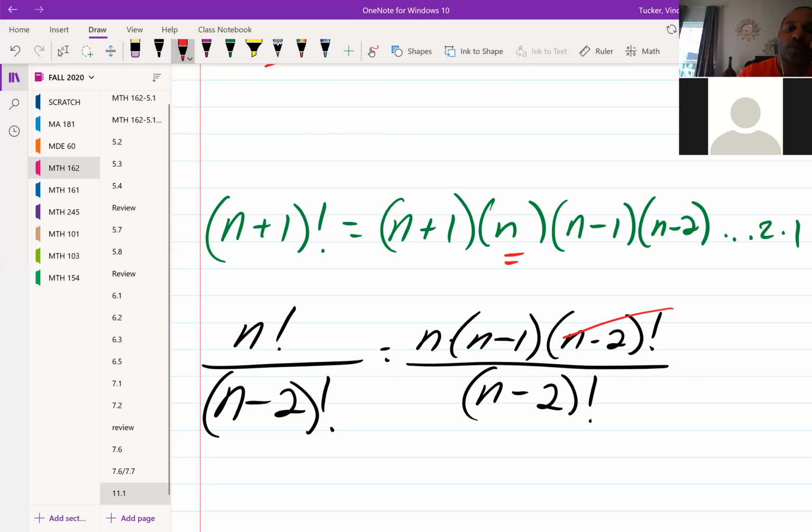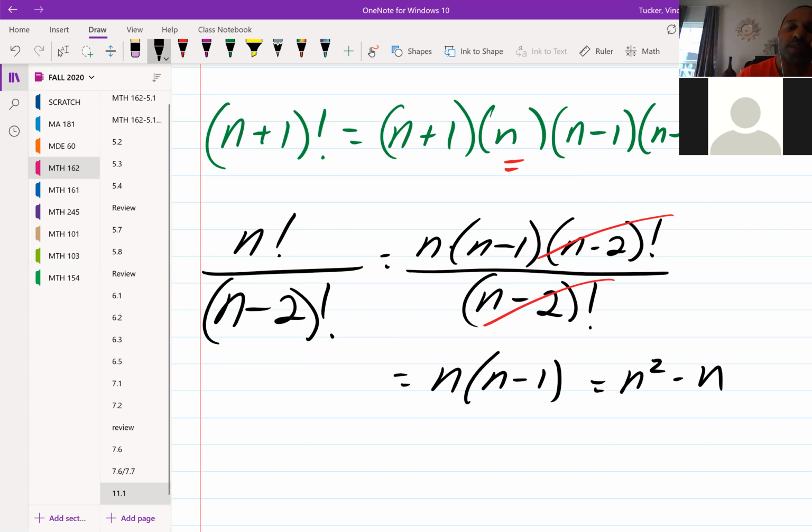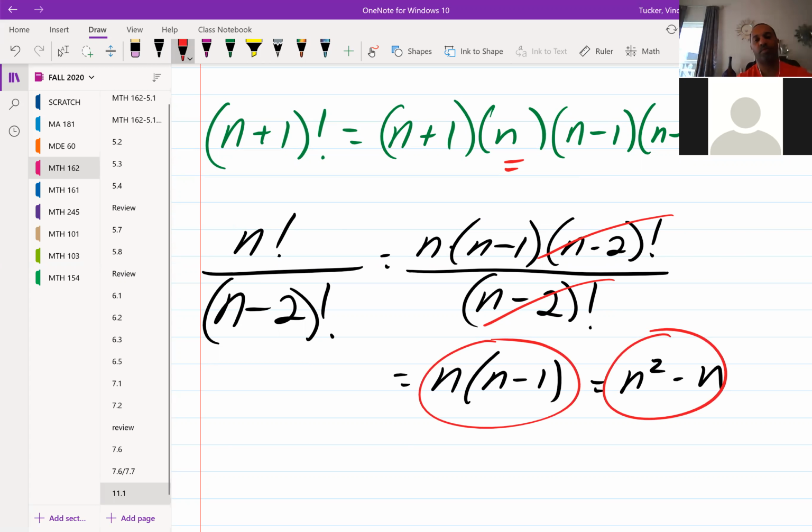N minus 2 factorial will cancel, and that'll leave you n times n minus 1. Or if you wanted to distribute, that'd be n squared minus n. So either one should be fine. All right. Any questions?